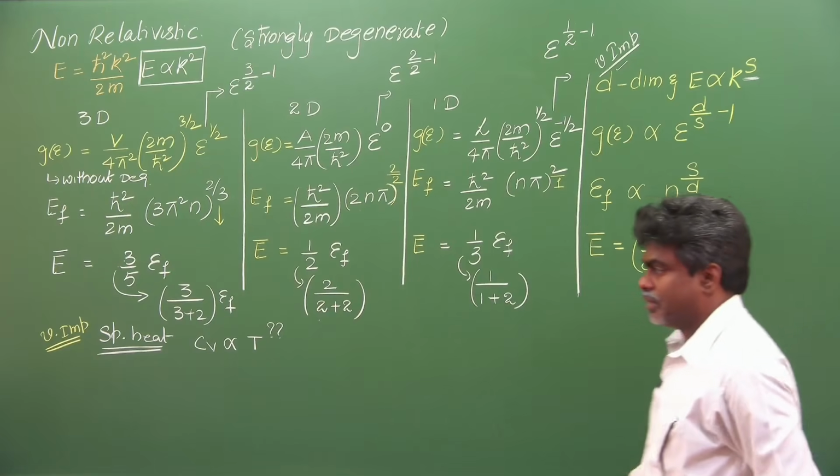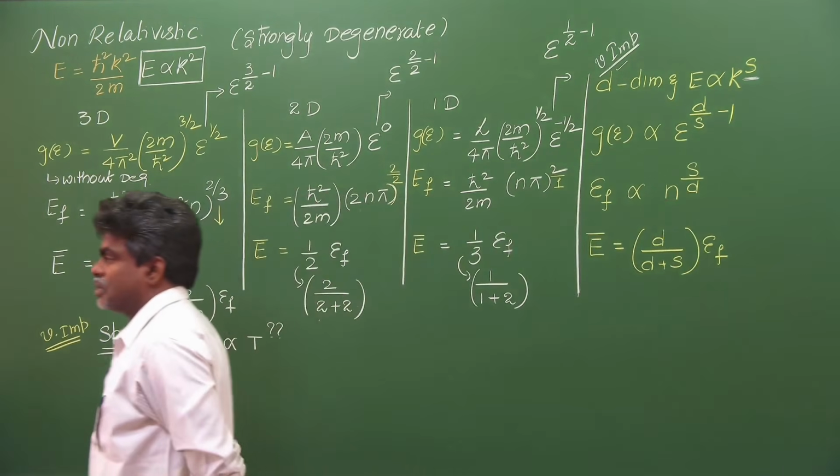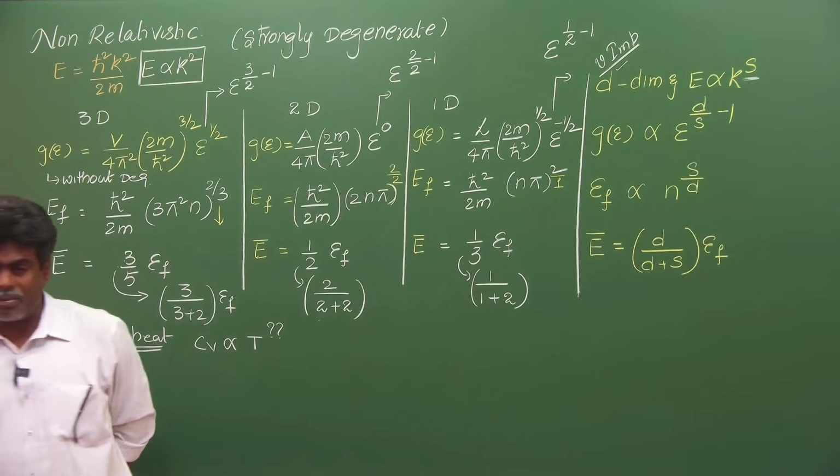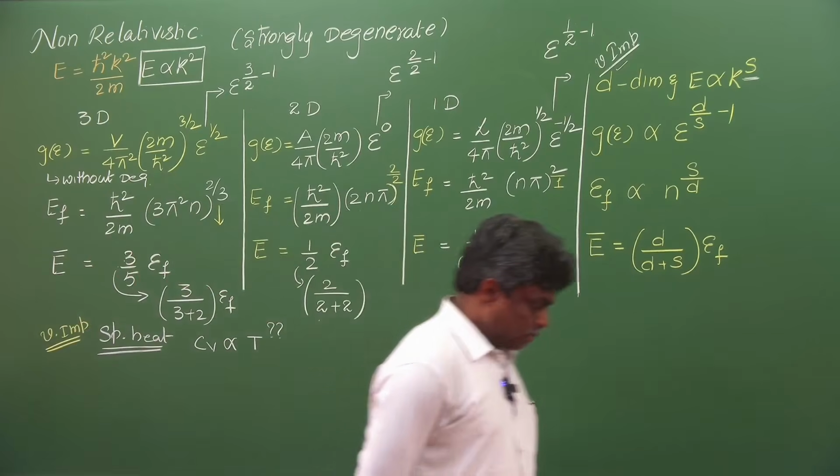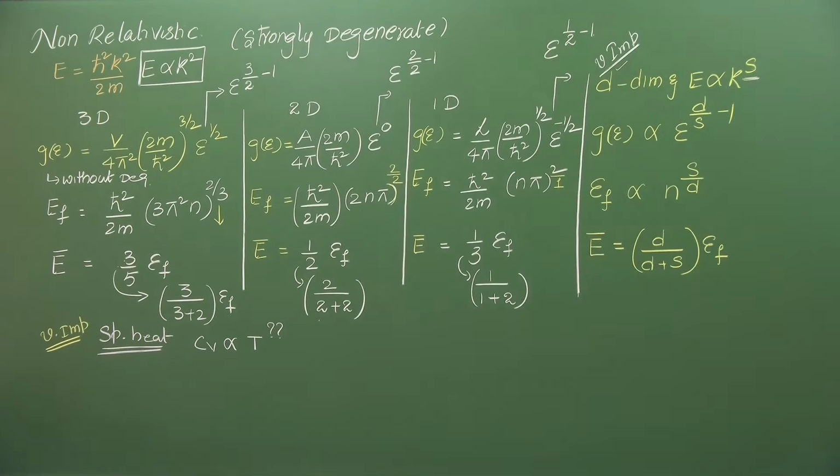Please practice on the rough paper. Don't forget, density of states proportional to E power D by S minus 1, Fermi energy proportional to N power S by D, and average energy is D by D plus S into EF.